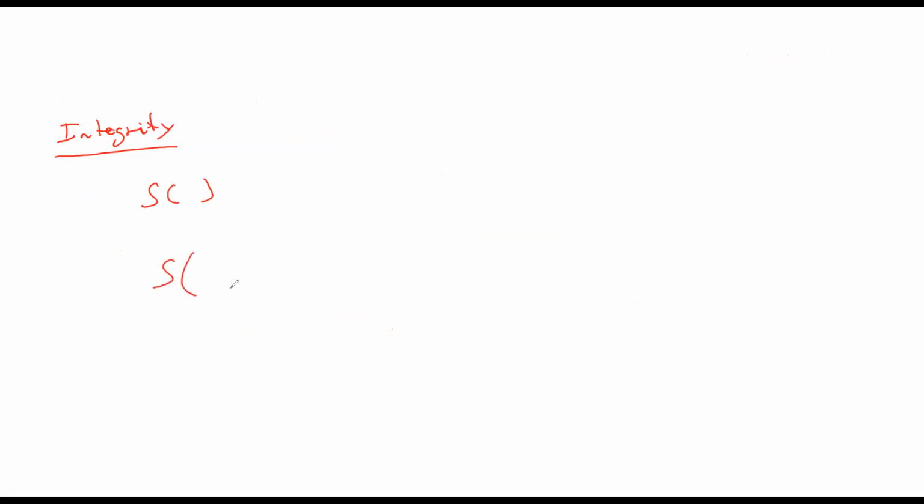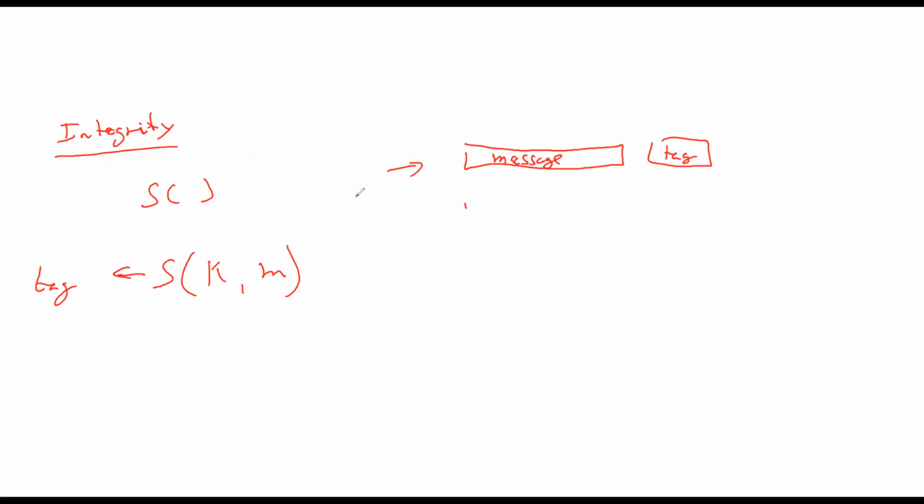And the function could take a key and the message, and its output is going to be this tag, right? So it produces this tag. Then when you transmit the information over the channel, you have the message and the tag as a pair.